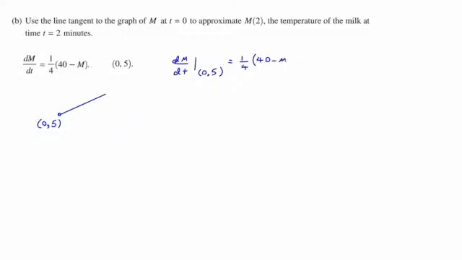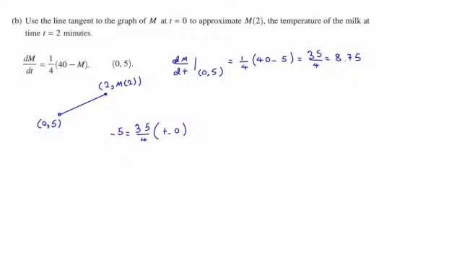M is what? M is 5. So it will be 40 minus 5, which is 35 over 4, which is 8.75. And here we want to approximate m of 2. So this line is, you can say, m minus 5 equal to this slope, 35 over 4, times t minus 0. Okay.